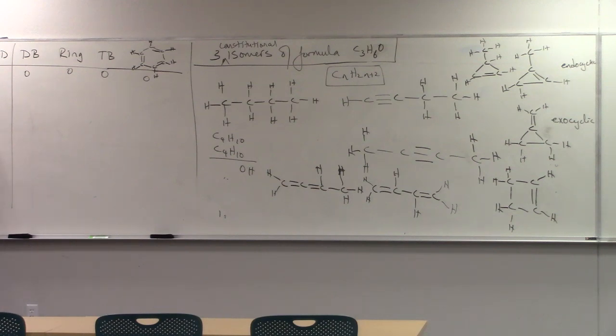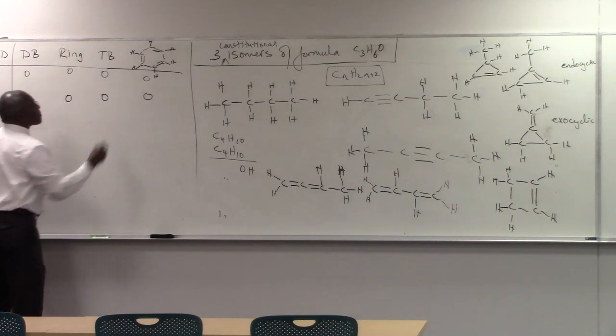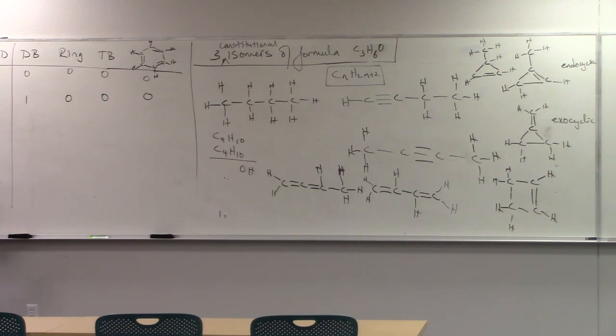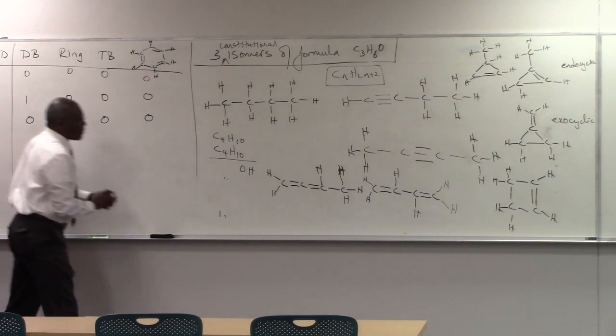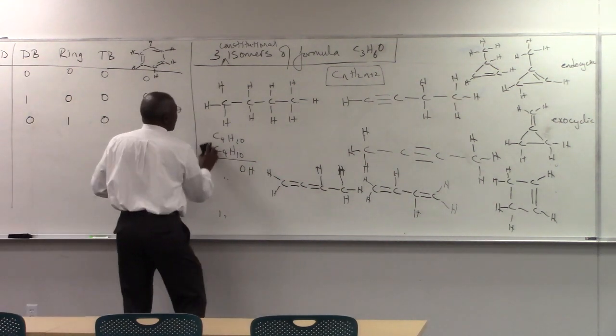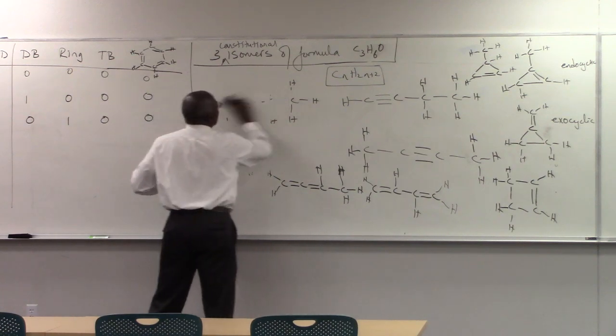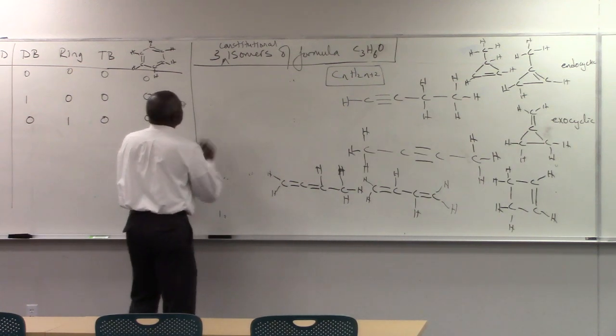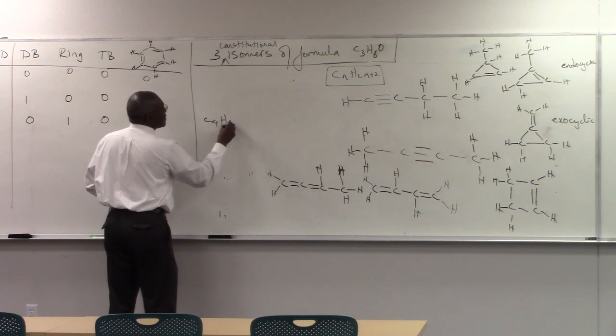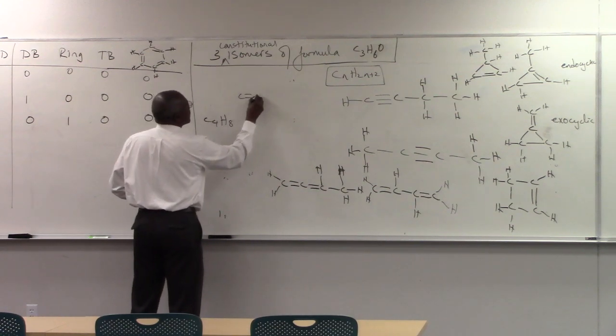What if I have 1 HDI? What can I have? Well, we saw that earlier. I can have 1 double bond. But if I did, I couldn't have anything else. Or I could have 1 ring. But if I did, I couldn't have anything else. And I'm just going to remind you of that very quickly. So for C4H8, we could have gotten this structure.